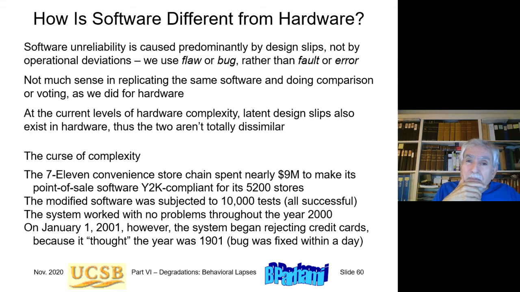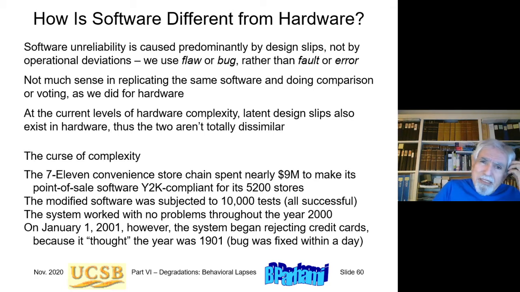Now notice that I'm using here the terms flaw or bug for software rather than fault or error. In the literature, you see references to software fault or software error, but I'm trying to be very careful with terminology, because the nature of software flaws or bugs is different.